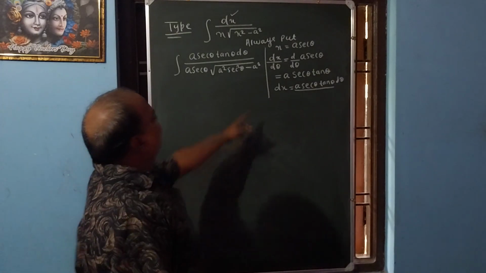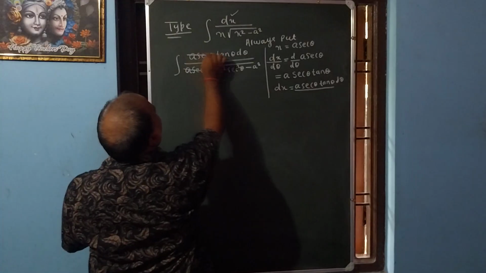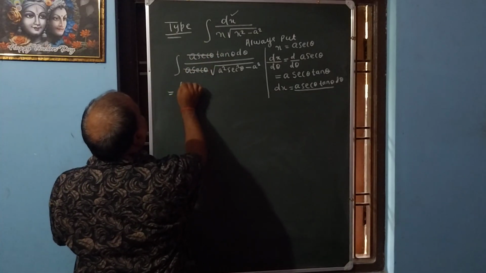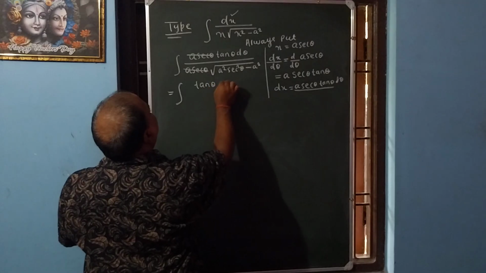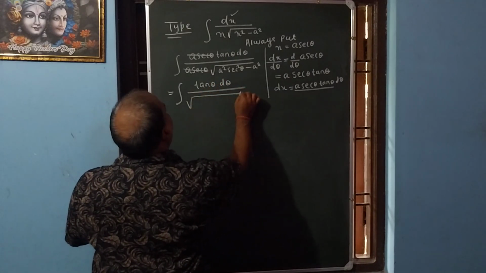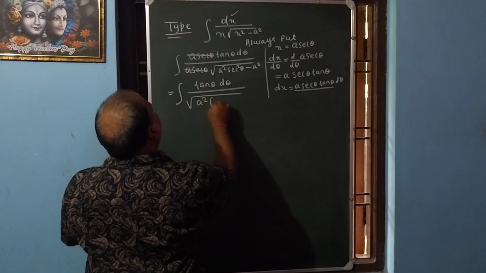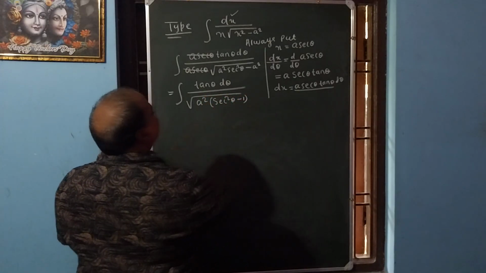You take a square common, and a sec theta cancels. We get integration of tan theta d theta divided by root over a square taking common, sec square theta minus 1.